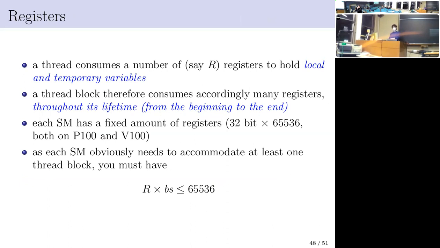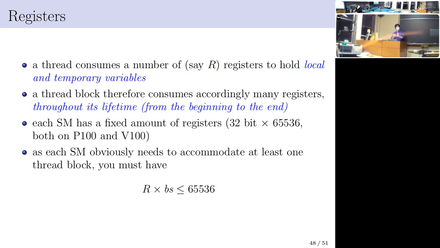So first, about registers. Registers are the most basic resources for any sort of processor, whether it's a CPU or GPU. They are used, for example, for holding the values of variables and intermediate results. Each CUDA thread obviously consumes some number of registers to hold its local or temporary variables, right?